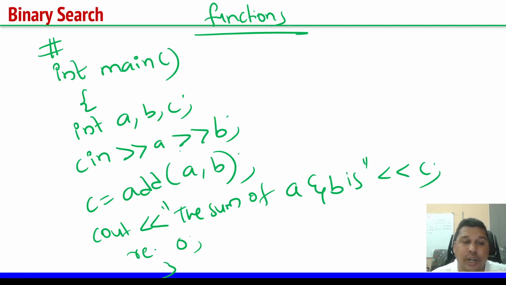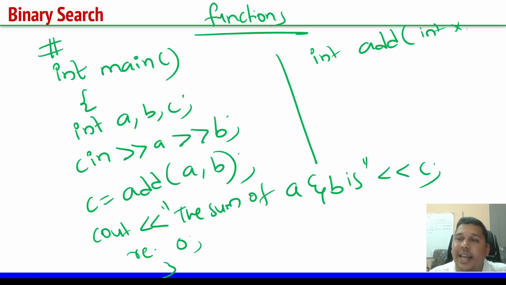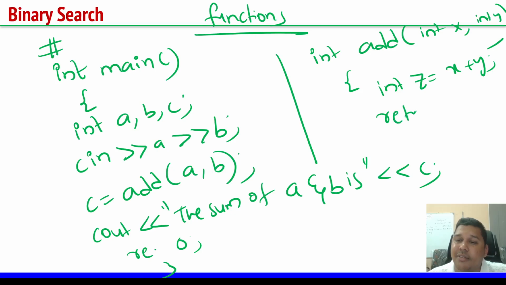This is how you write the program, and here you write int add of int x, int y, and then int z equal to x plus y, and return z. That's it. A simple addition program which completes in just 3-4 lines.